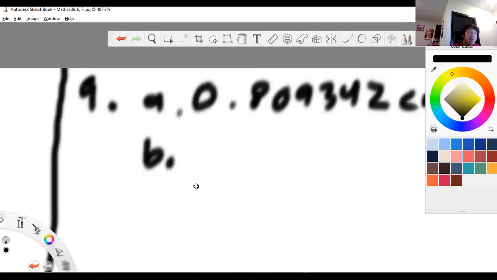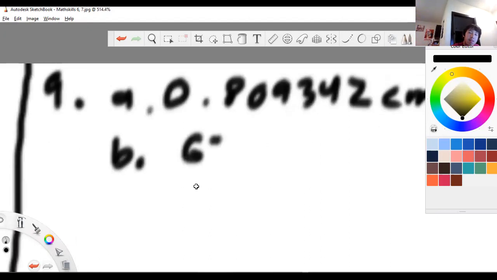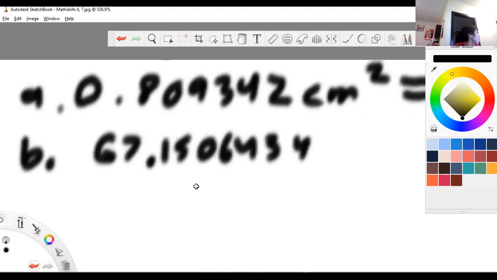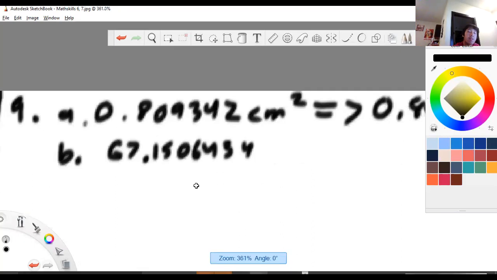B, looking at 67.15064334. None of these values are significant to anything.